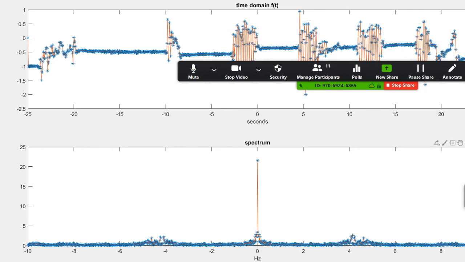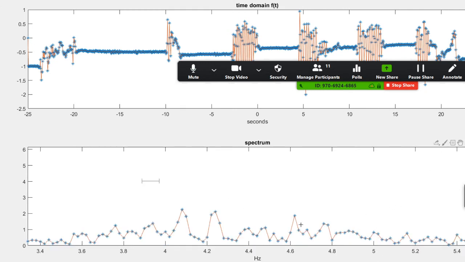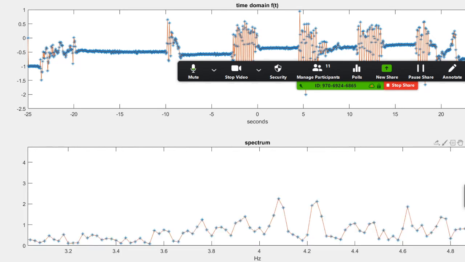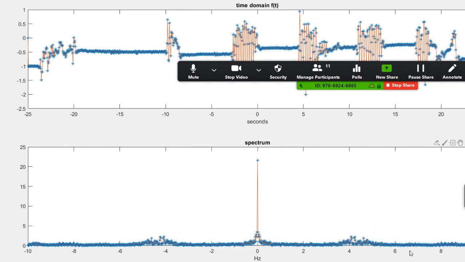If I go here, you can see the DC component is too big. It covers this part. So in that case, I change to another axis. But actually, what we want to see is the exercise rate around here. So for the second assignment, you just do whatever you can do.